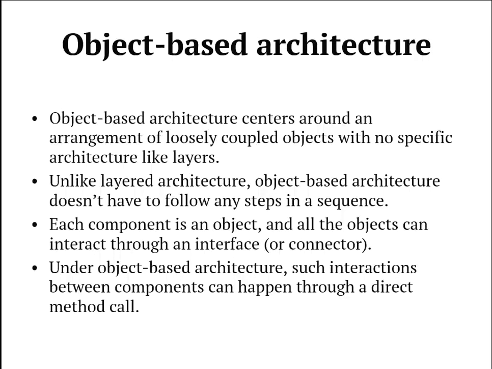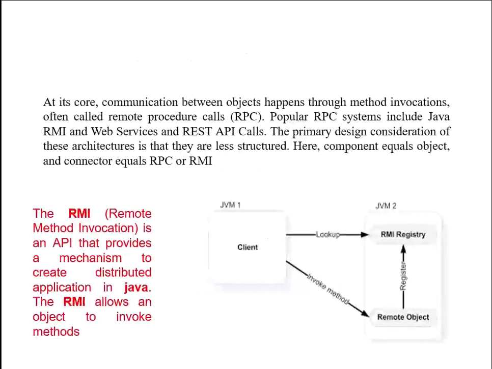Under the object-based architecture, such interactions between components can happen through a direct method call. A method is designed, and then through a method call, a function call, one object passes a message to another. At its core, communication between objects happens through a method invocation. What is method invocation?